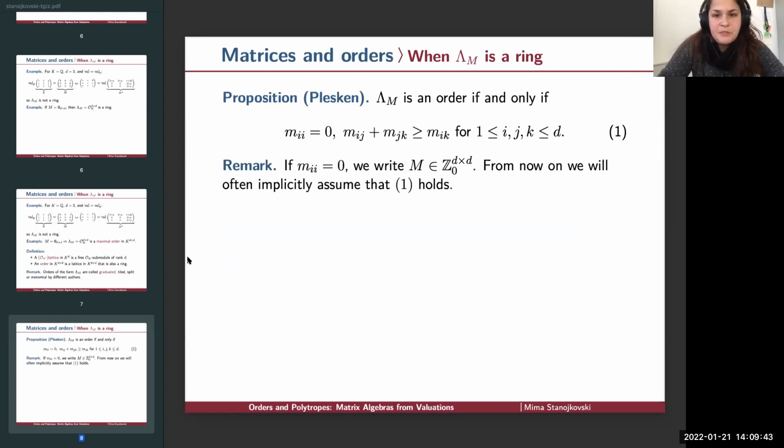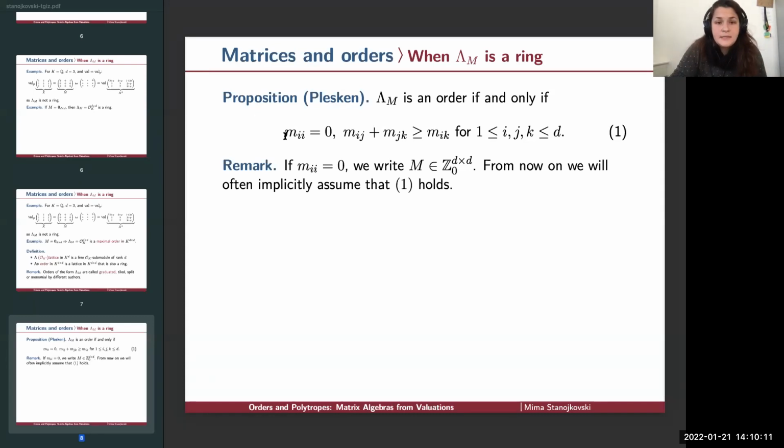Then here is a proposition of when we can expect Lambda M to be a ring. It's necessary and sufficient that the matrix M has zeros on the diagonal and that the entries satisfy this triangular inequality. So for each index i, j, and k, we have that m_ij plus m_jk is at least m_ik.